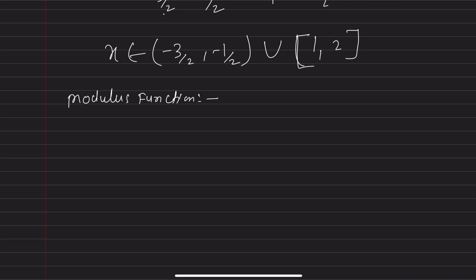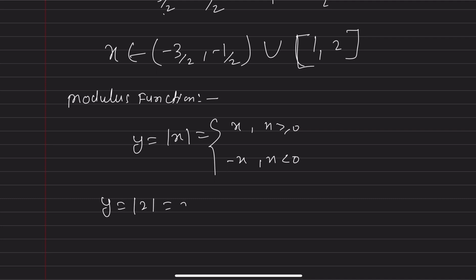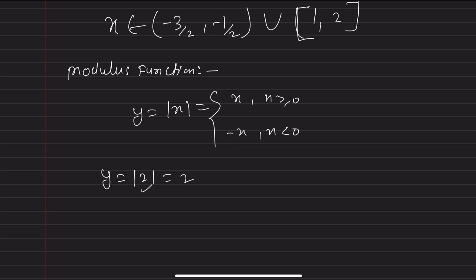So in the modulus function, what do we do? We have y equal to mod of x. Okay, what does it mean? It is saying that y equal to mod of x is x when x is greater than 0 and negative x when x is less than 0. What does it mean? If I say y equal to 2, then it gives you 2, since 2 is positive. Okay, directly I'll put it.